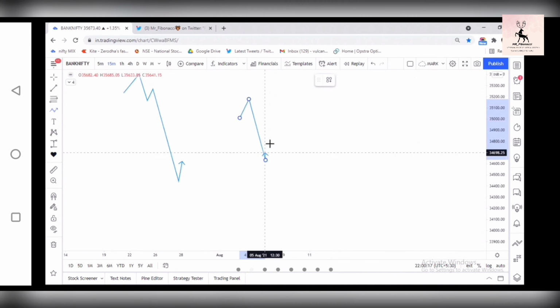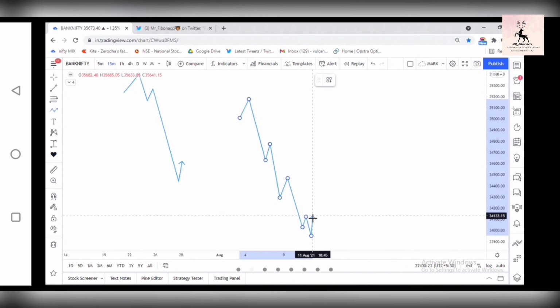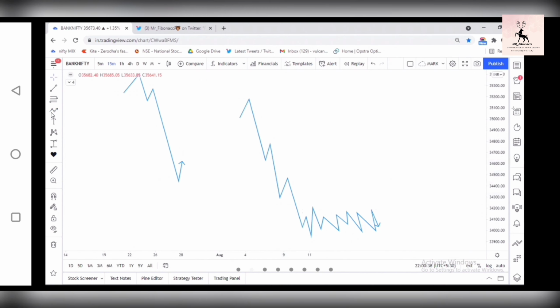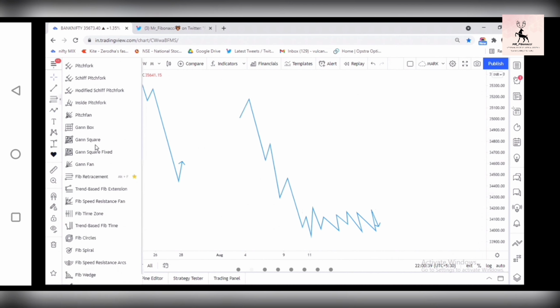They need some accumulation type of scenario. See, this is the accumulation when buyers are absorbing the pressure, and when a break of structure happens, they will push the price and these sellers will become buyers.